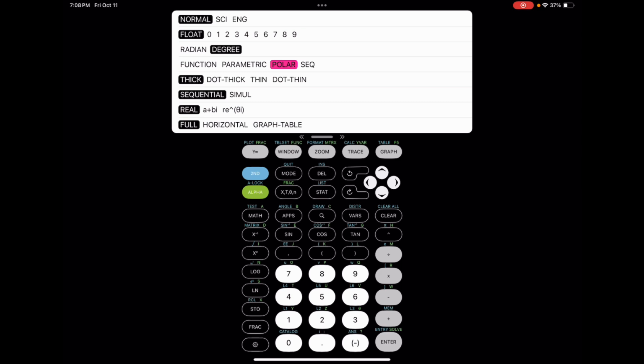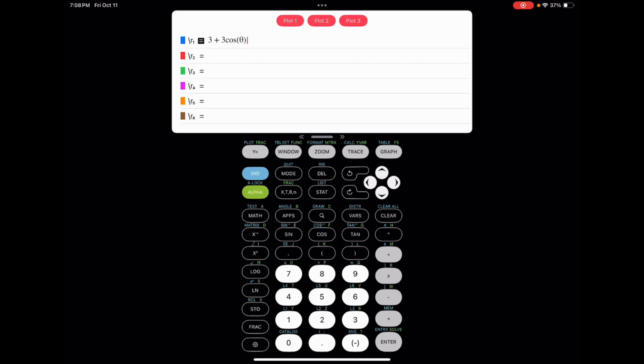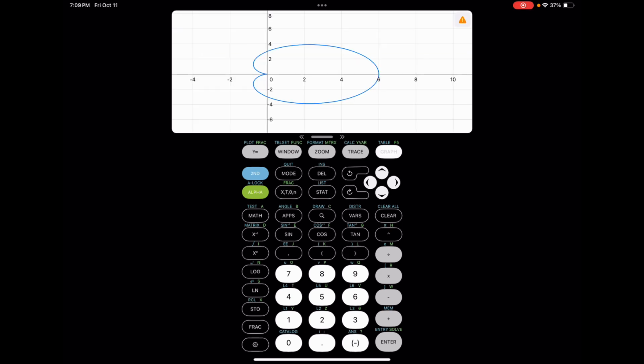Hit enter. Next step, click y equals. Then we input the equation: 3 plus 3 times cosine theta, close parentheses, and then graph. So it's a cardioid.